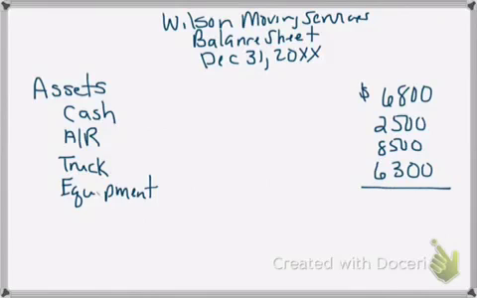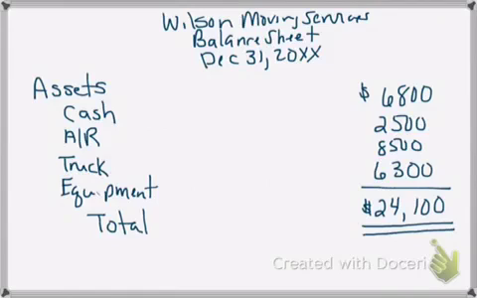I will total up all of my assets, and once I add up these four accounts, I end up with $24,100. Dollar sign, double underline, because I'm finished with this part of the statement.